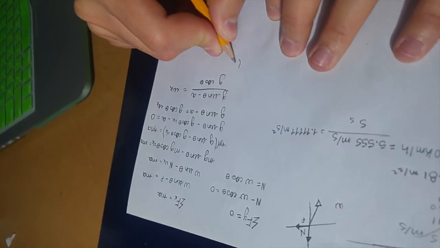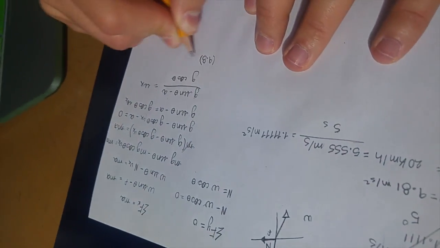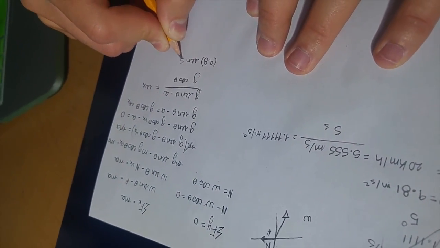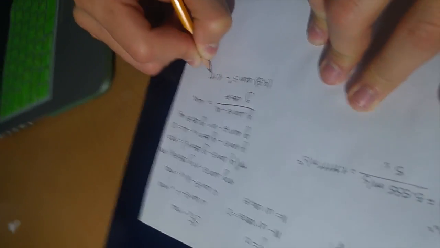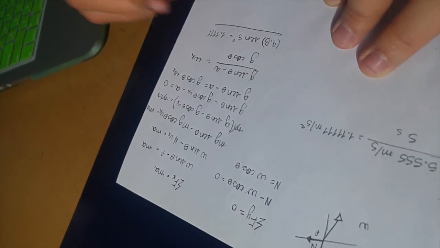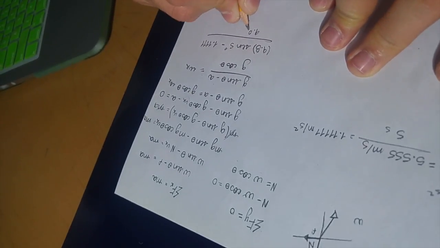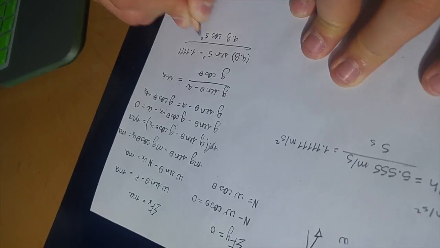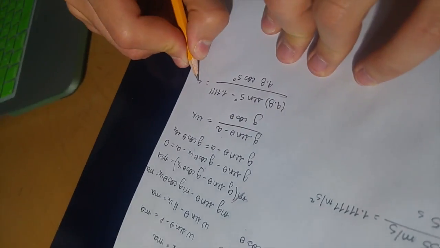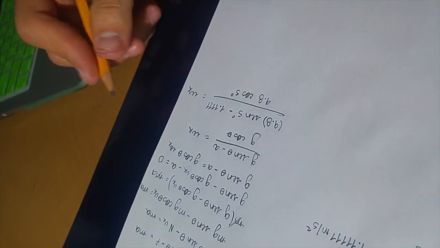So now we can say that 9.8 sine of 5 minus 1.1111, divided by 9.8 cosine of 5, is equal to uk.